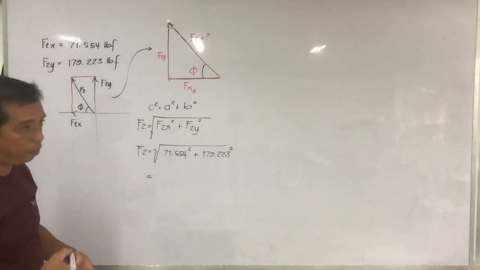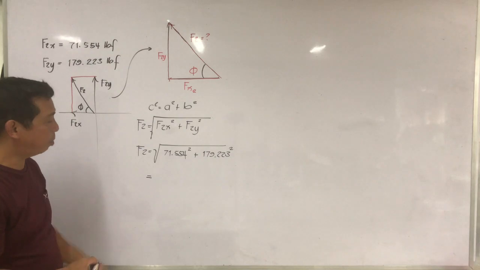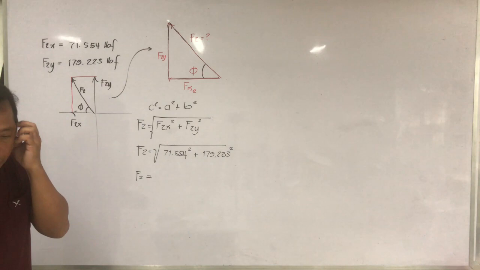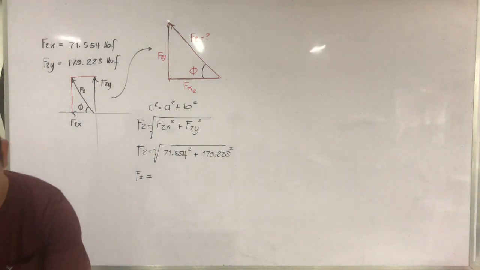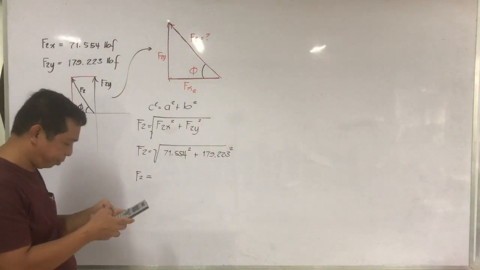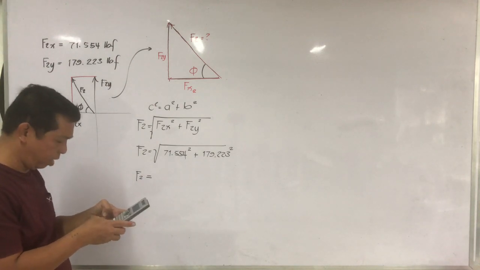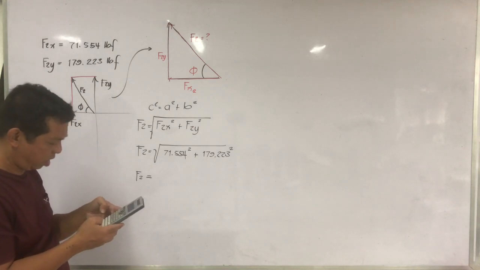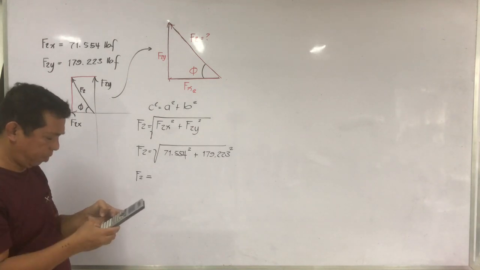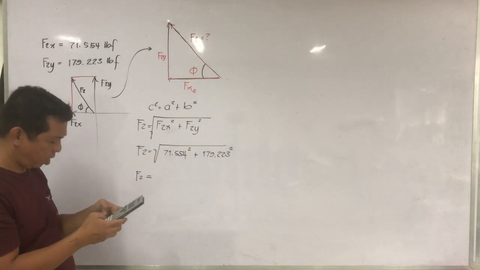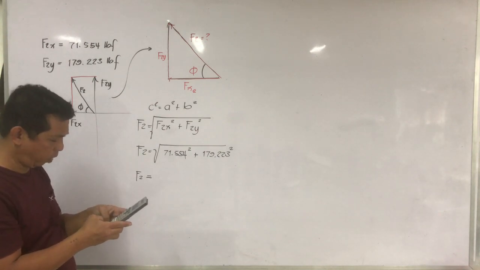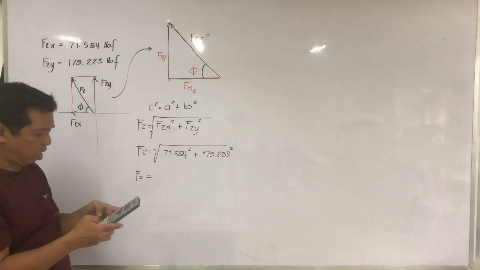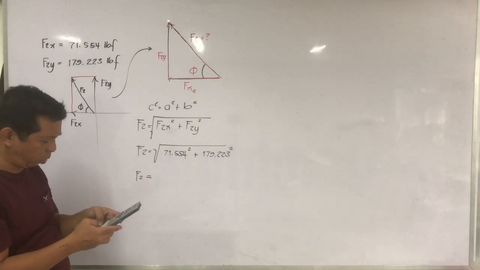Now, pag in-evaluate mo to, makakakuha tayo ng sagot ng F2. Pwede mo i-check sa inyong calculator. Na value ng F2 would have to be equal sa 71.554 squared, added with 179.223, that needs to be squared also.